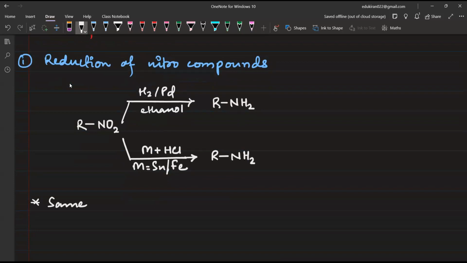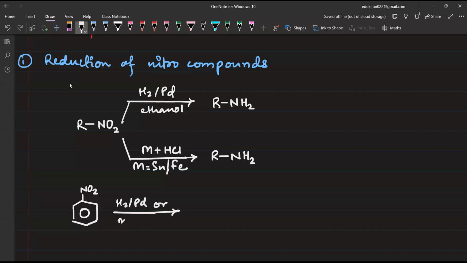Same reagents. We can draw it in structure. For example, if you have nitrobenzene, you can use any one of the reagents, H2 over Pd or metal plus HCl, and this will convert nitrobenzene to aniline.